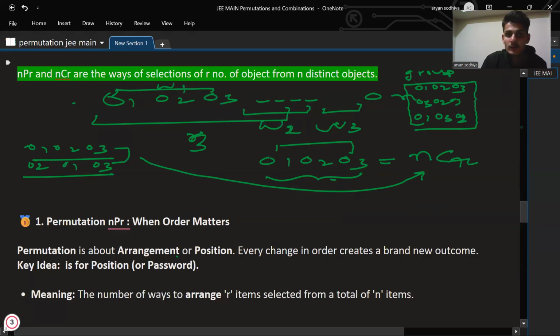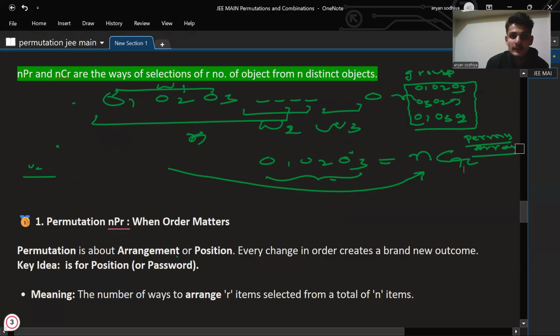But in permutation or arrangement, please notice these keywords.